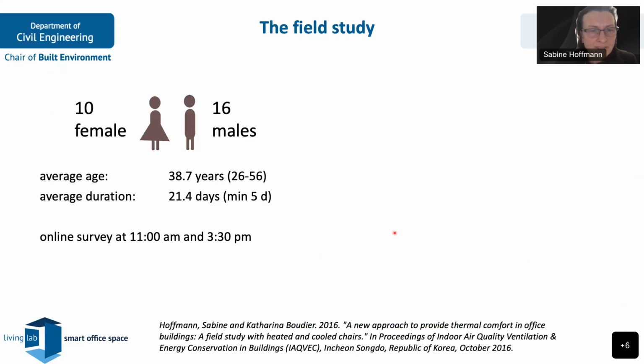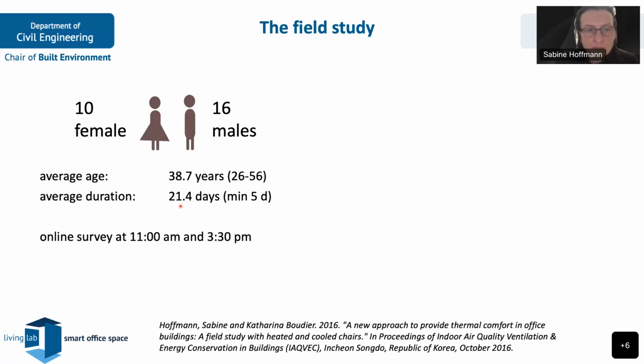Altogether, we had 26 participants, 10 female and 16 male. Average age was 39 years, so typical office workers. And we requested them to participate for a duration of at least 5 days. And the average duration that participants would use the chairs that we gave out to the participants was 21 days.